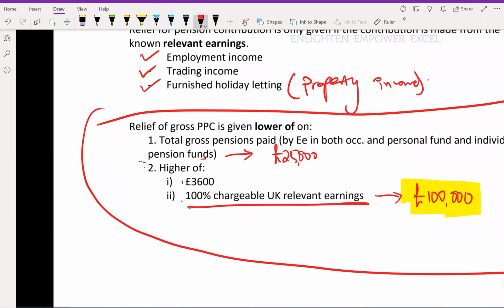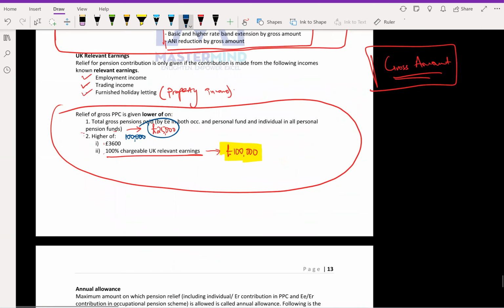Okay. And 25,000, right? So 100,000 becomes the higher of, and 25,000. Obviously, which one is lower of? 25,000. So 25,000 becomes the gross amount in this situation. All right. That's number one.